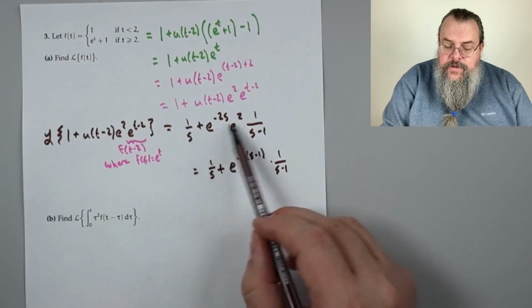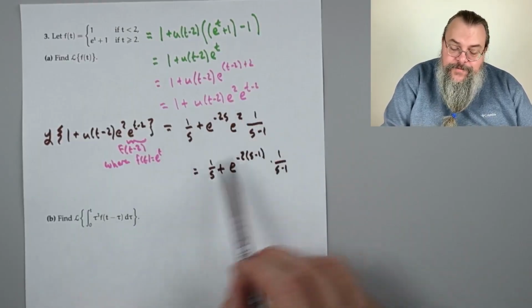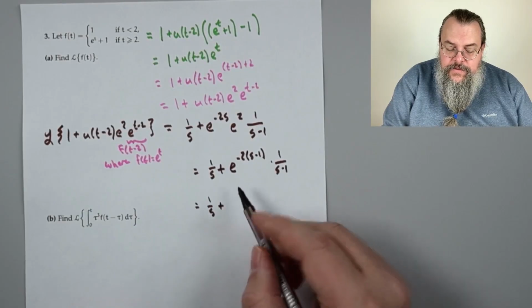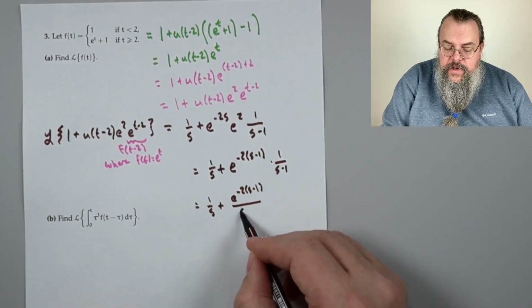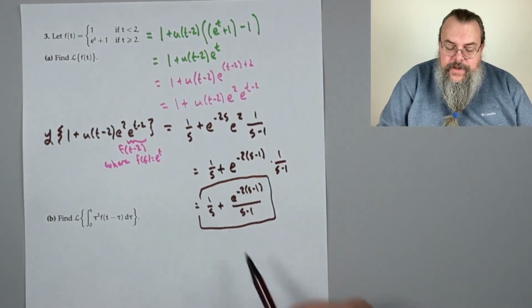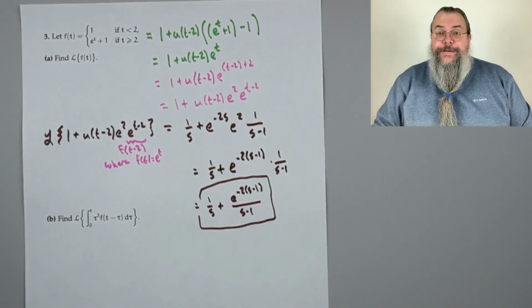These are just combining the two exponentials. This is perfectly fine. You could also say e^(-2(s-1)) over (s-1). Also perfectly fine. They are all perfectly fine. Okay, so there we go.